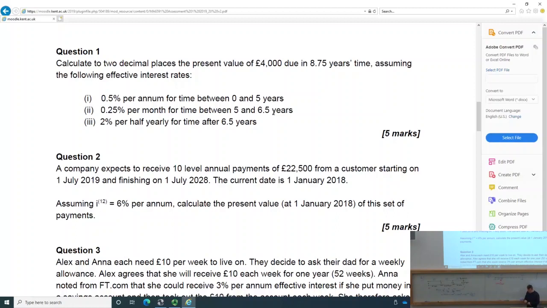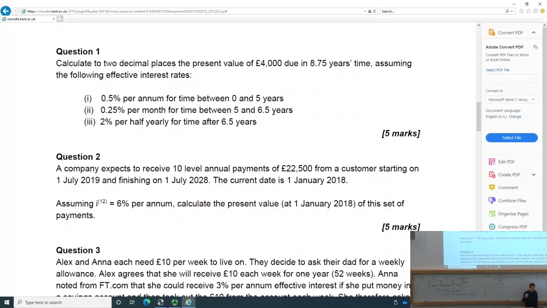Now, let's have a look at the interest rate. We've been given a nominal interest rate, 6% per annum. And in full, if you remember, that's payable monthly.